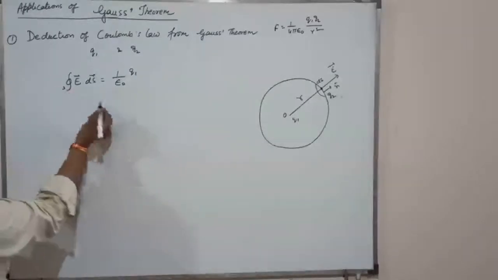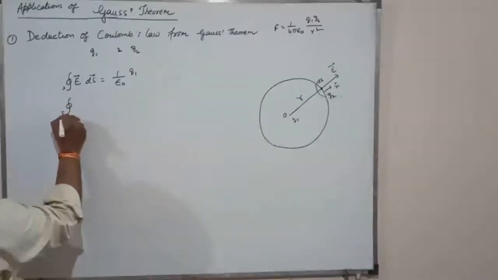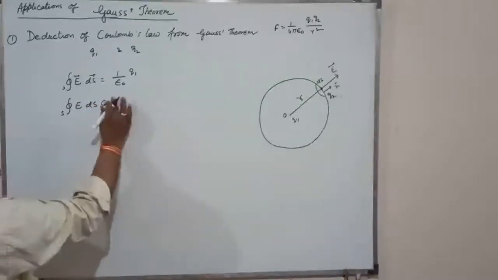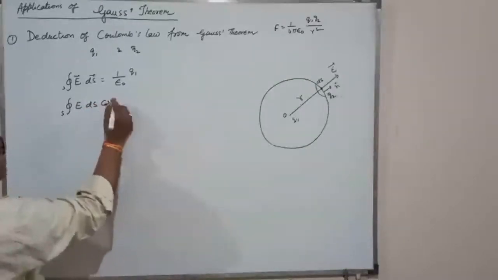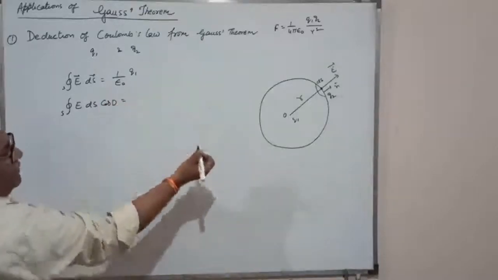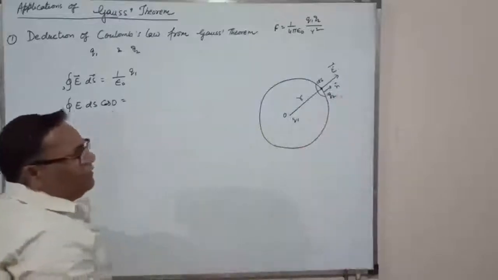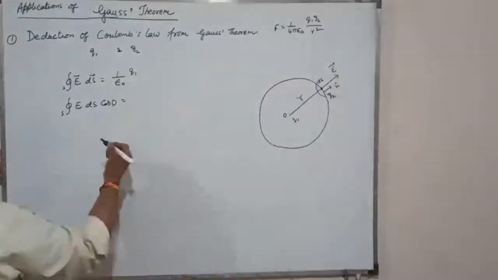Or E ds cos theta, or simply we write it cos 0 from the figure, because the direction of electric field intensity and area vector are parallel to each other.